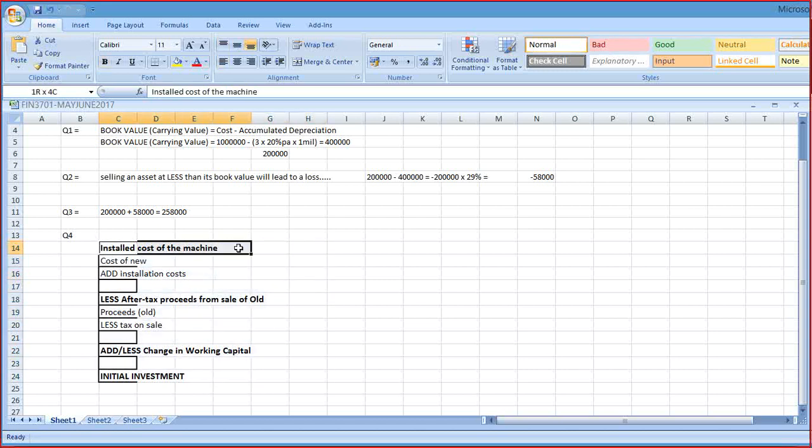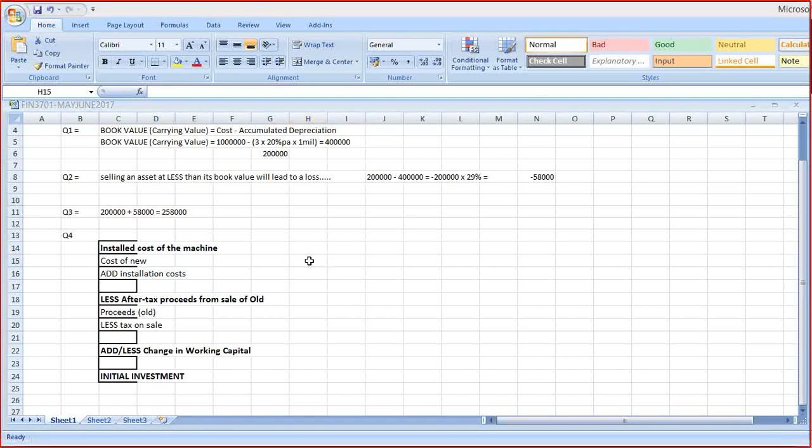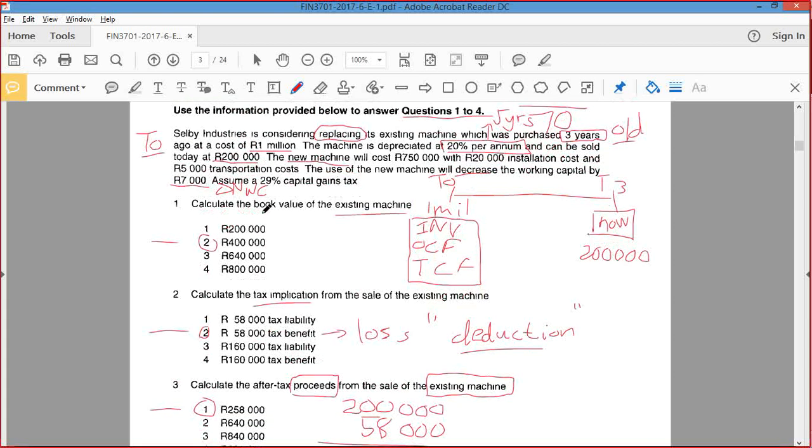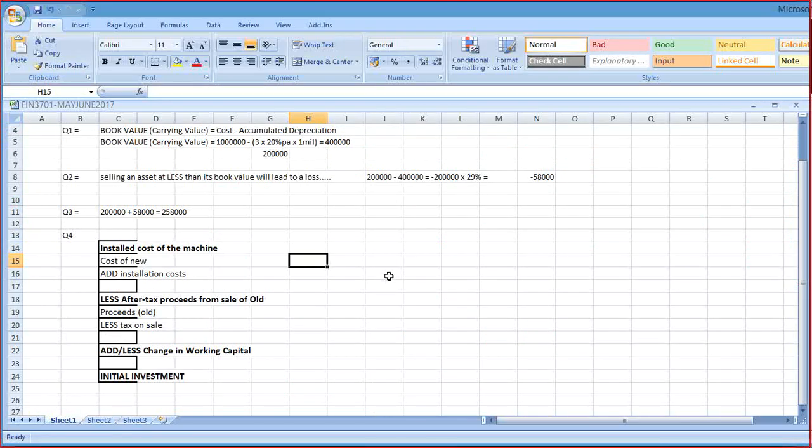Installed cost of the new machine. That was given in the question. If we go back, we now just need to pull the right information. The new machine is going to cost $750 plus the 20 installation and the transportation costs of 5, so 775.